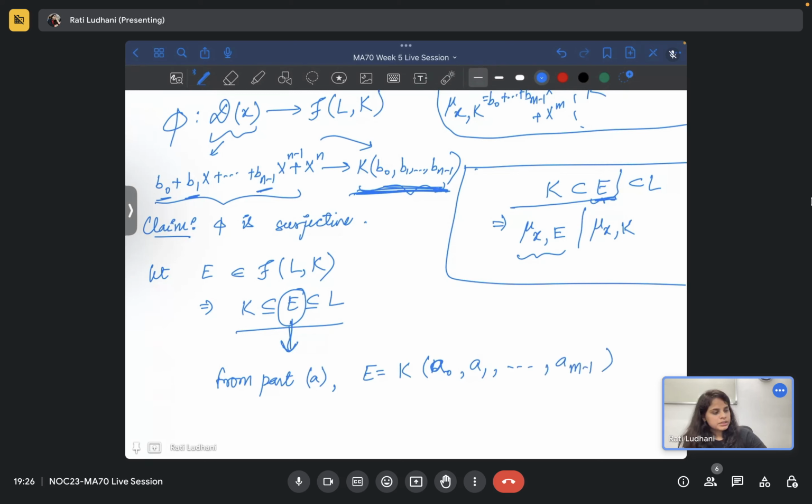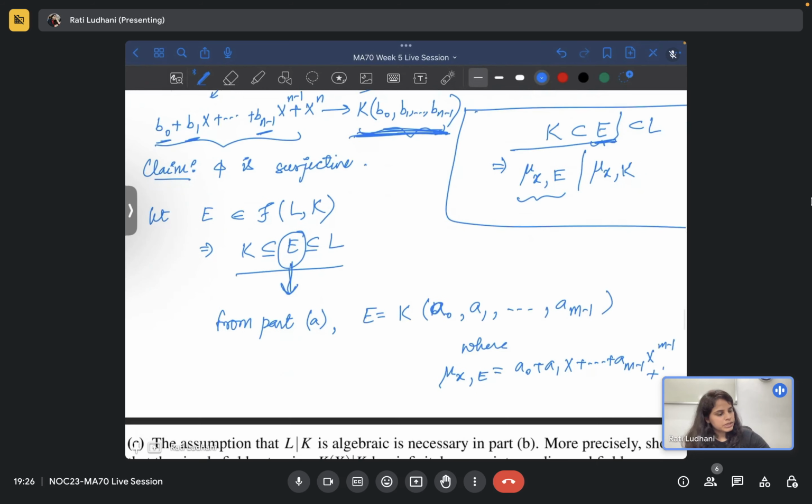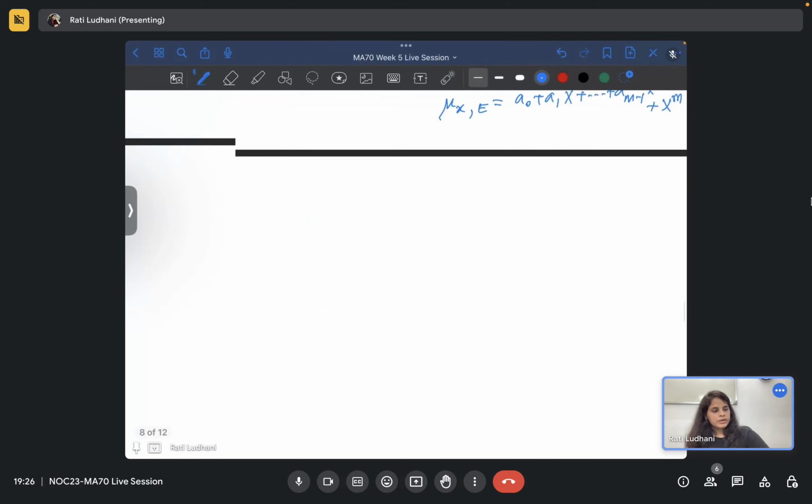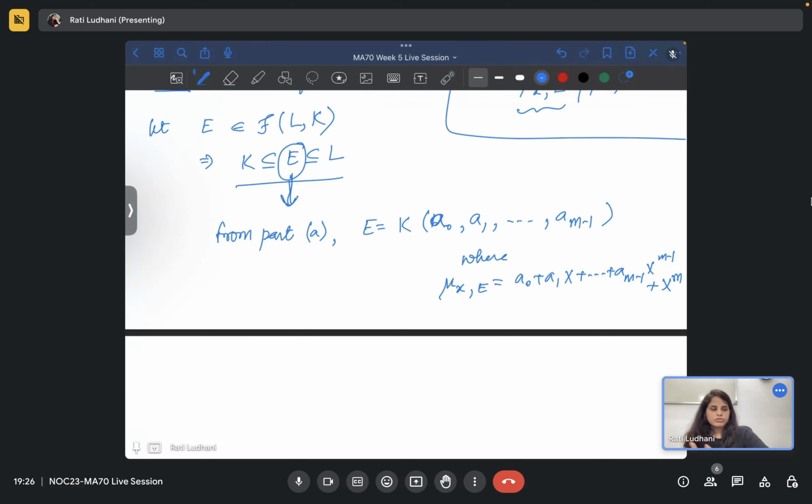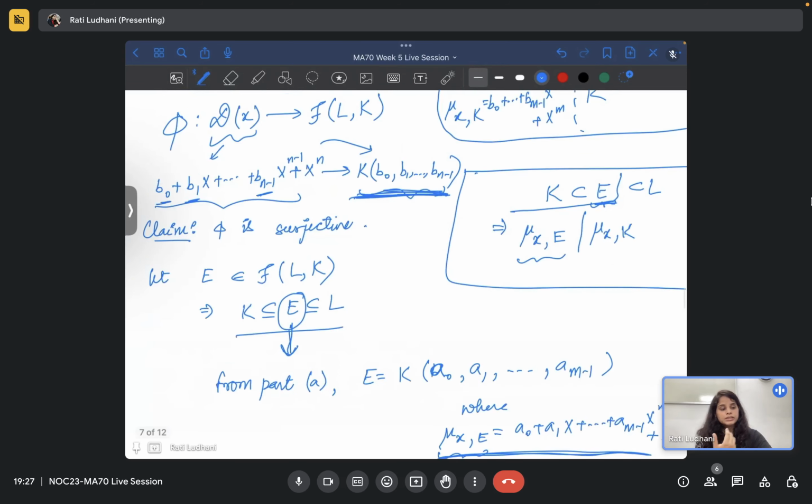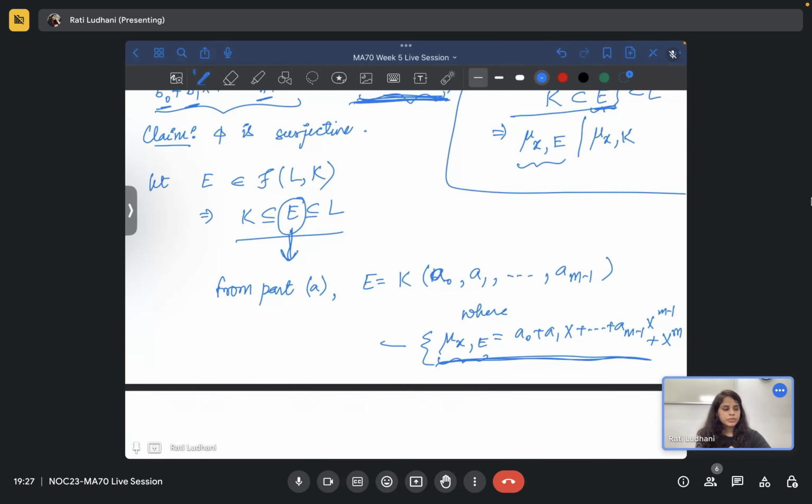Here mu_{x,E} is equal to a0 + a1x + up to a_{m-1}x^{m-1} + x^m. Exactly, so E is equal to this, as we wrote from part A. Now to say that this is exactly the pre-image, we have to show that mu_{x,E} should be a divisor of mu_{x,K}.